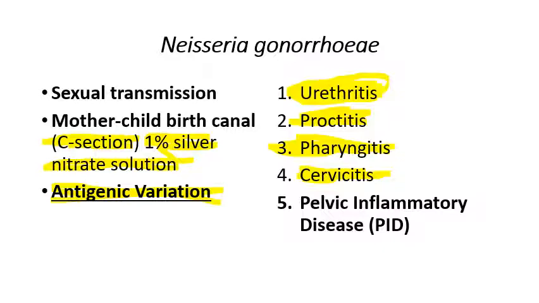And finally, if the ovaries, the fallopian tubes, the urethra, the vagina, and the uterus, all of those structures are inflamed due to gonorrhea, that's referred to as pelvic inflammatory disease, PID. Right, so you do need to know that. I might ask you what PID means, and I might ask you what it is, and I might ask you what causes it.